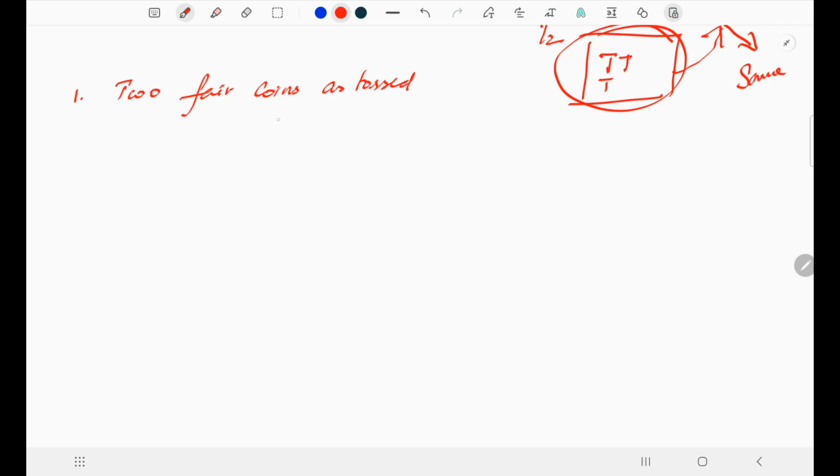Then I need to get exactly one head. So what is the probability of getting one head?